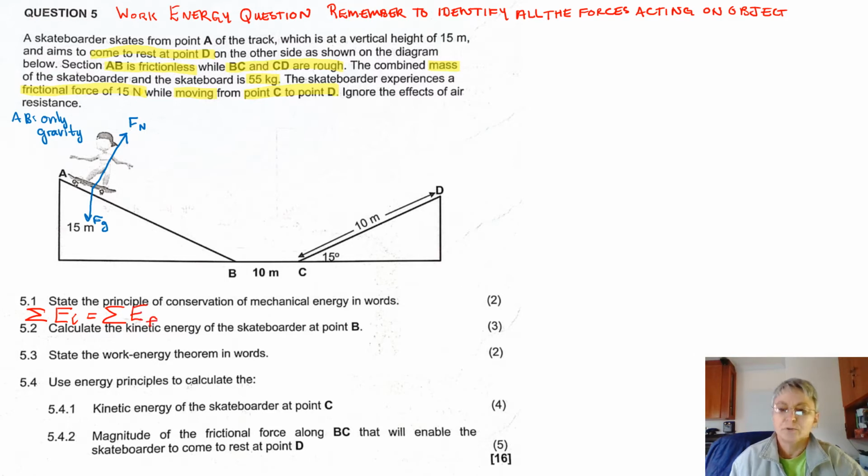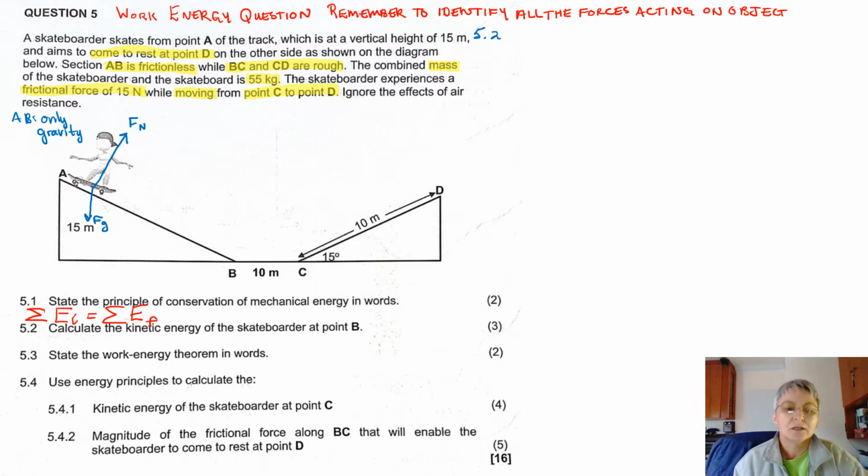So your potential energy and your kinetic energy are forming the mechanical energy.